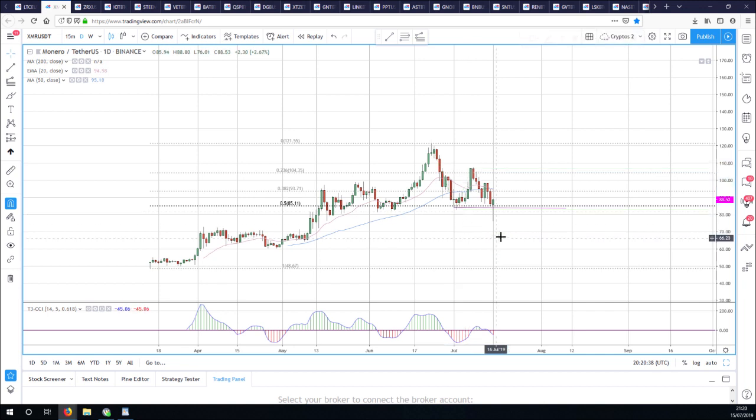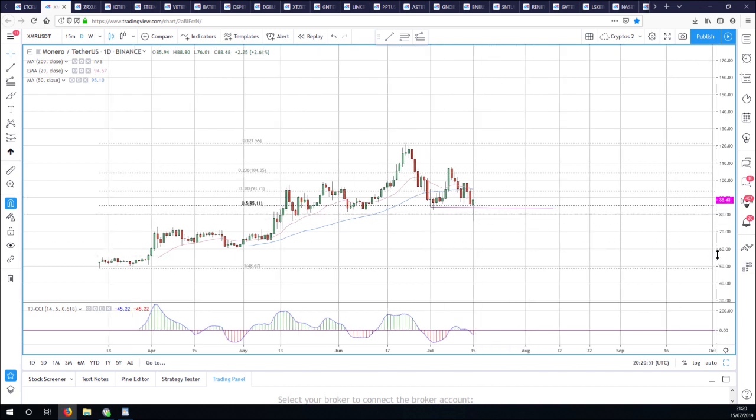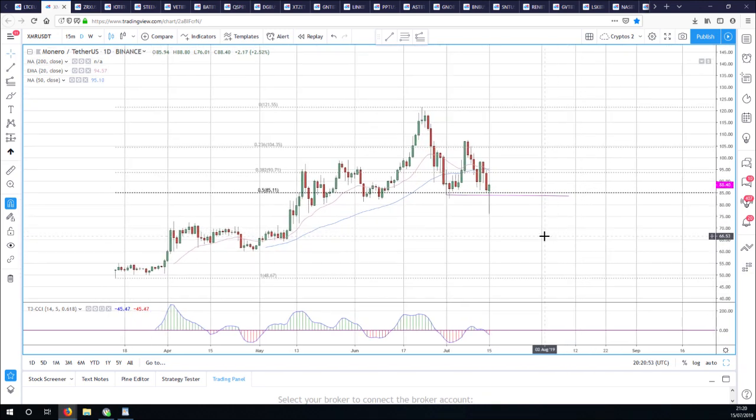So it's just like Bitcoin, and we could be all correction over here in Monero as well, and ready to start our new swing higher. We've bounced from the 50%, and now we've done a pretty spectacular retest of it here in Tether. How are we going to know? Well, first of all, we're going to hold above 85.1 in Monero Tether.